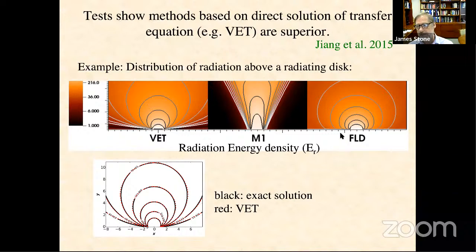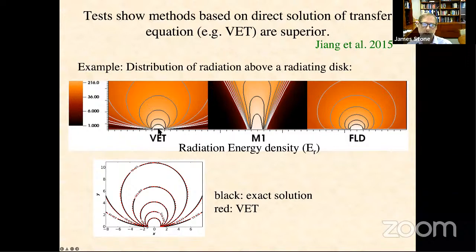For example, flux-limited diffusion, or FLD, which involves simply reducing the transport equation into a two-temperature diffusion problem, or so-called M1 methods, which assume an analytic closure for the moments of the radiation field without actually solving the transport equation directly. And through various test problems, you can find differences between direct solution of the transport equation using so-called variable Eddington tensor methods like VET versus M1 versus FLD.